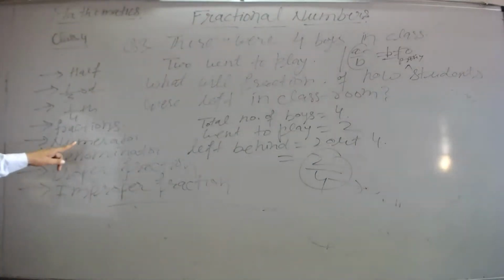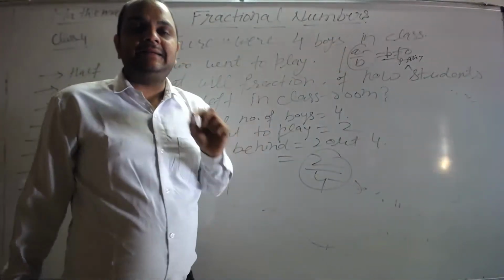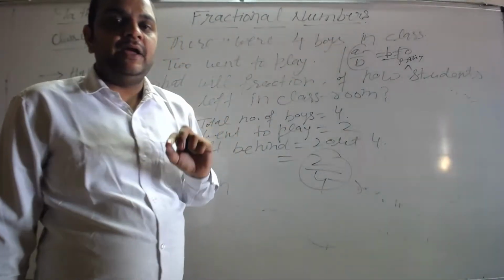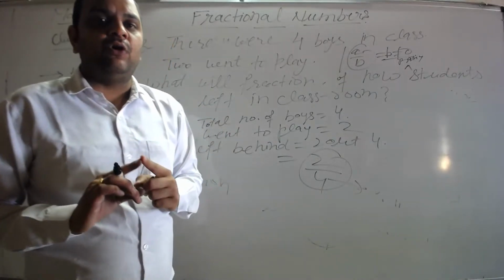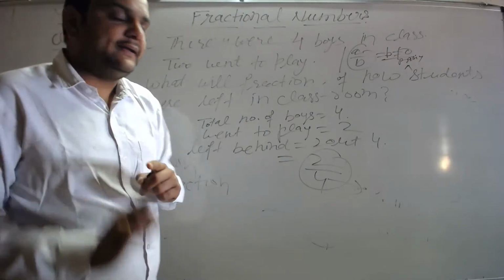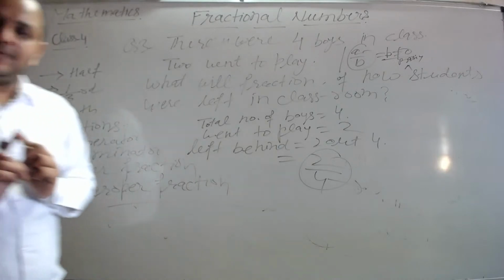Next is, what is numerator? Numerator means the top number that tells us how many equal parts of a whole or a group have been taken for consideration. We call it the numerator of a fraction. Next is denominator.